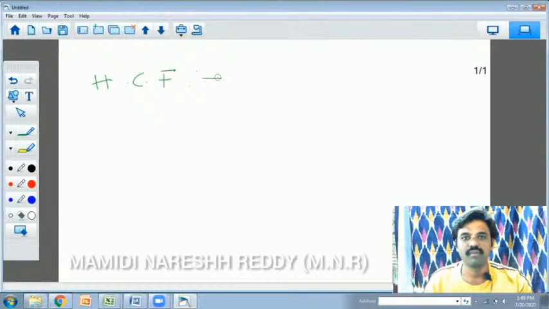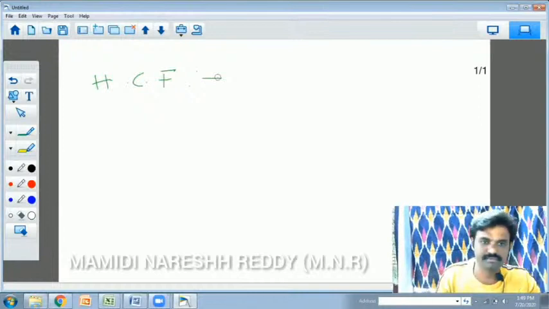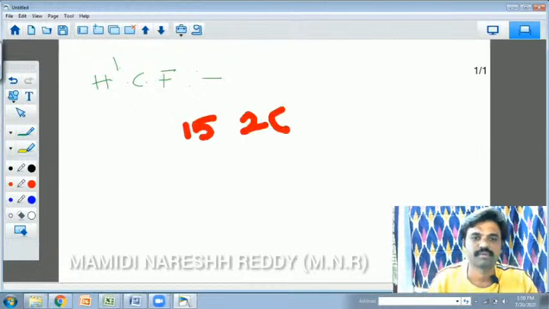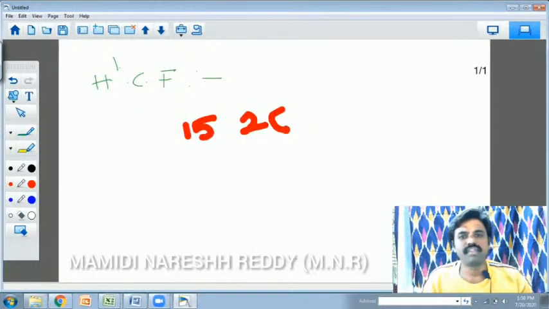For example, I'm taking 15 and 20. These are the two numbers, and we need to find the HCF.